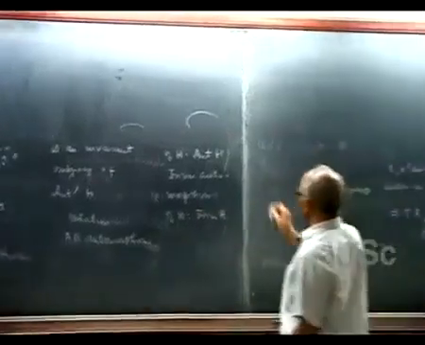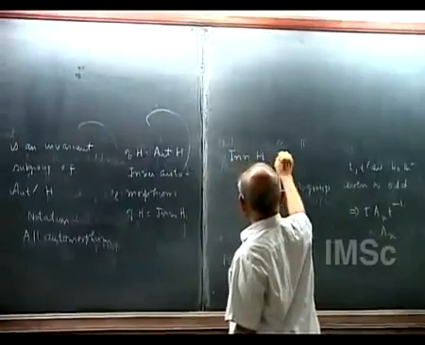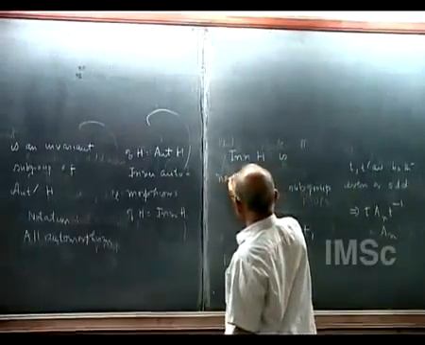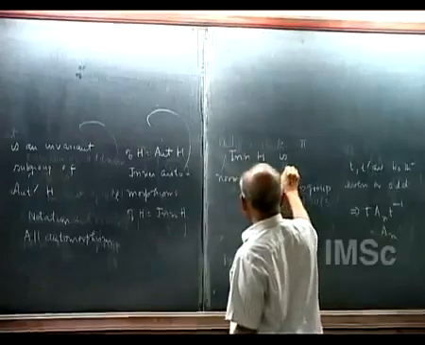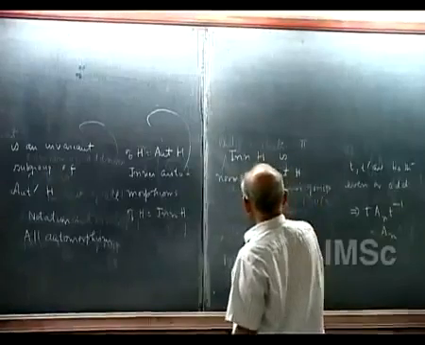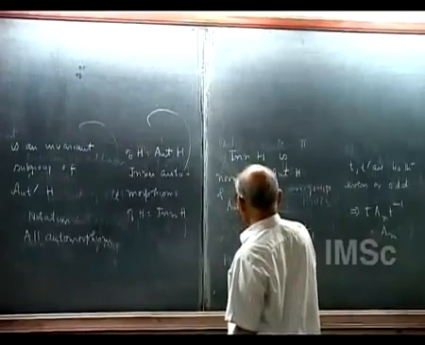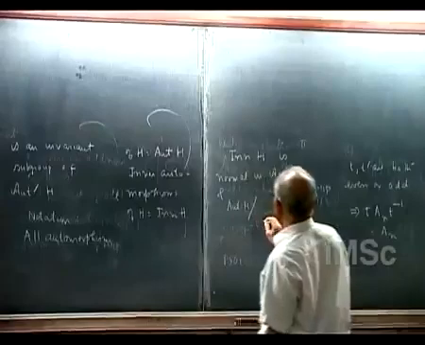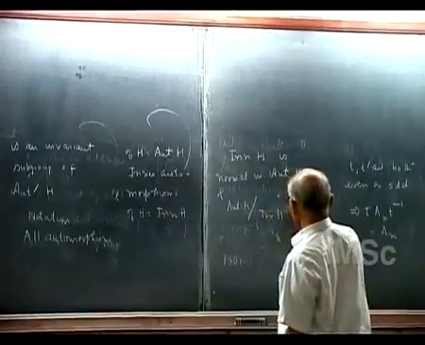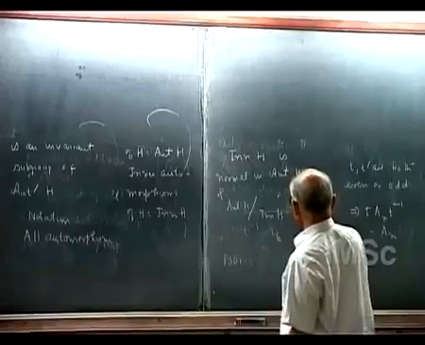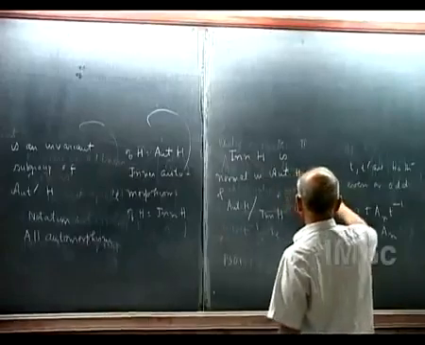Inn H is normal in Aut H, and the quotient is called the outer automorphisms, Out H.